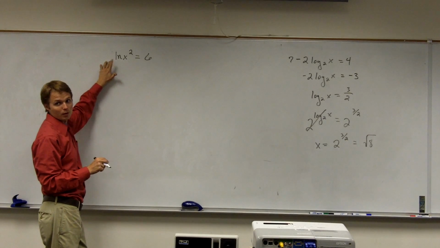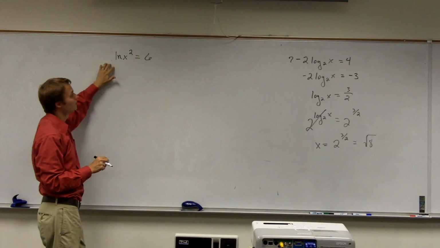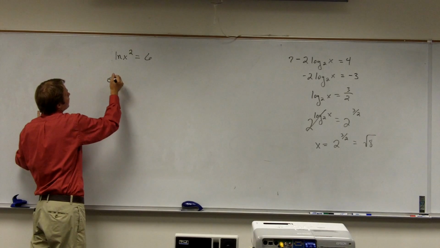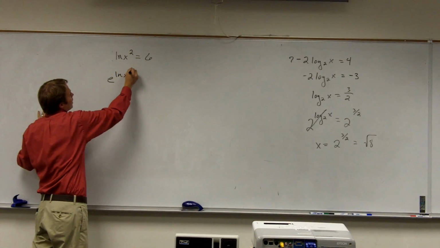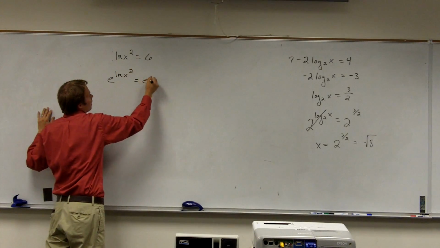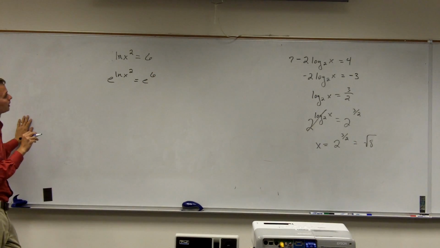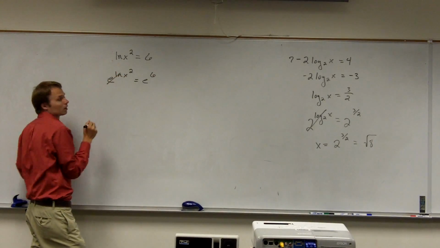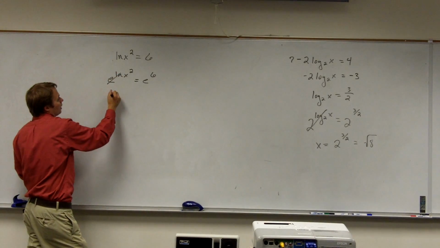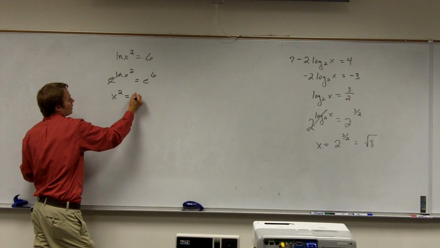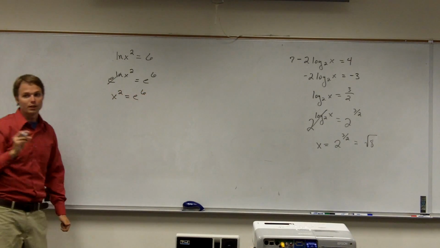What base am I going to use here to get rid of the natural log? E. Right, so I'll use a base of e. So e to the natural log of x squared is equal to e to the 6. You have to do it to both sides, so be careful there. The e and the natural log, they'll go away. And I'll end up with x squared is equal to e to the 6th.